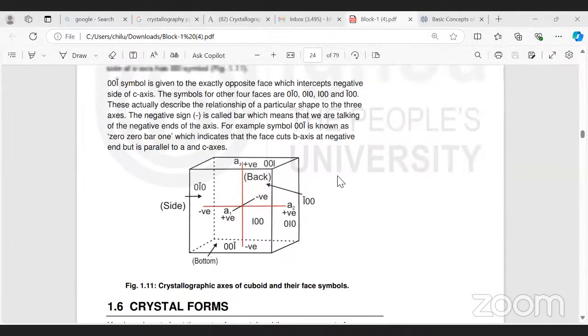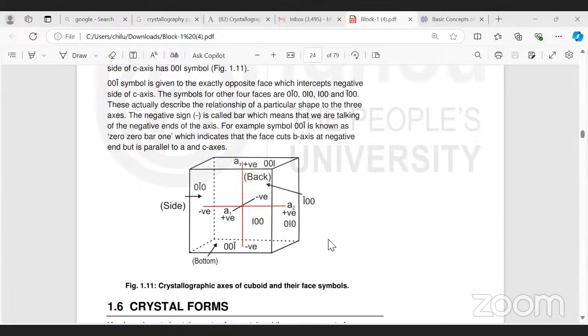In the previous feature we have seen A is equal to B is equal to C, equal to 90 degrees. As well as here, alpha, beta, and gamma are equal to 90 degrees. And here it is also showing the positive and negative indices.